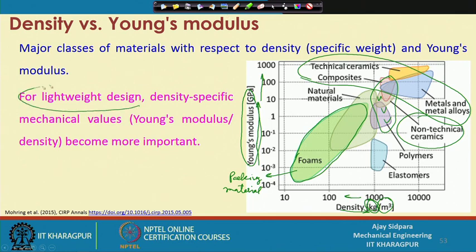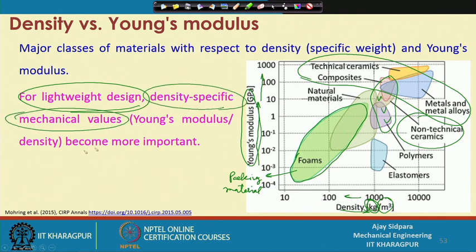So, when you are talking about lightweight design, we need a density specific mechanical value, that is, Young's modulus divided by density. That is called the density specific value.